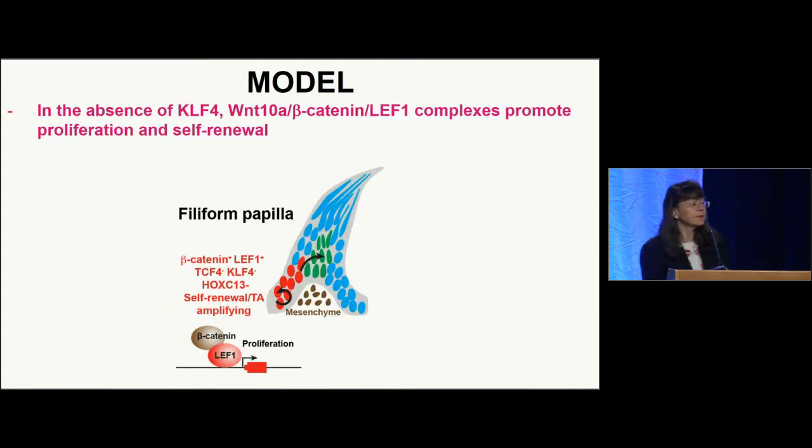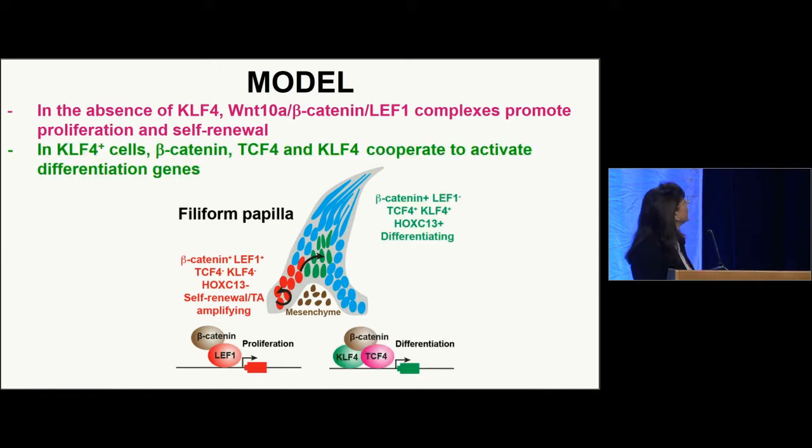And similarly, analyses of the filiform papillae showed that beta-catenin and LEF1 directly interact in these basal cells, whereas in the differentiating cells, we now find interactions of beta-catenin with another LEF family member, TCF4, as well as with KLF4, which we think drive differentiation.